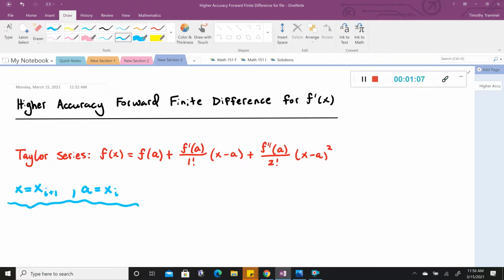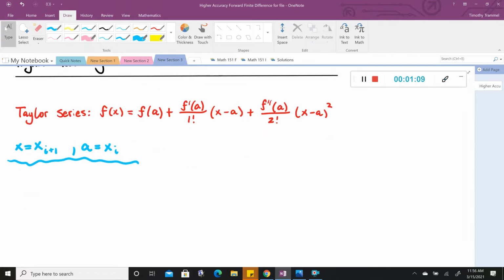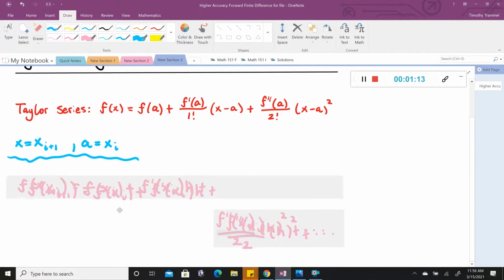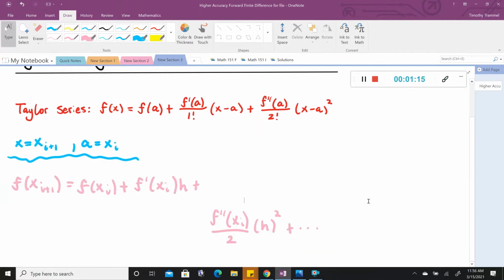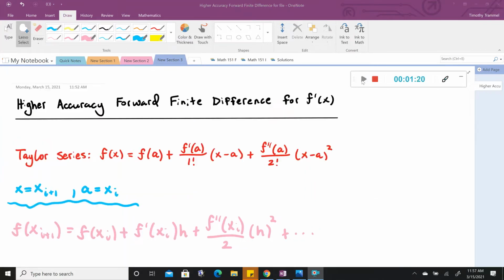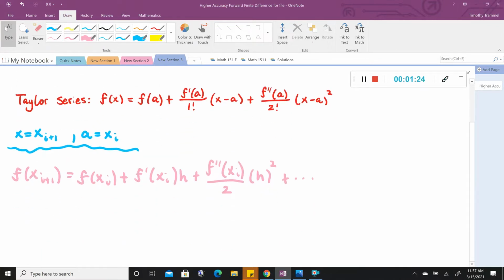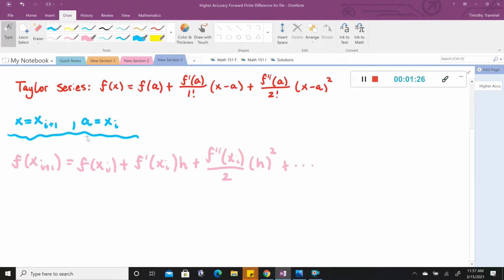I'm just going to copy our results and paste them right here. And for some reason that didn't paste very well. Let me fix it. And we're also going to want the forward finite difference formula for the second derivative that we had derived. But before we use that, let's rearrange this equation here just a little bit.